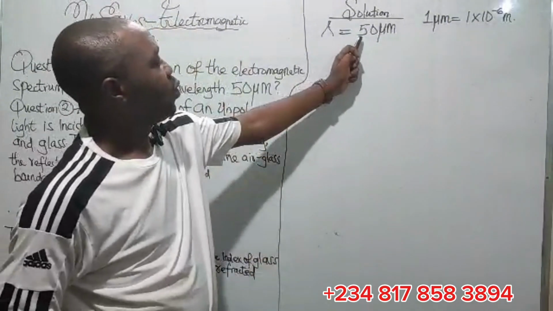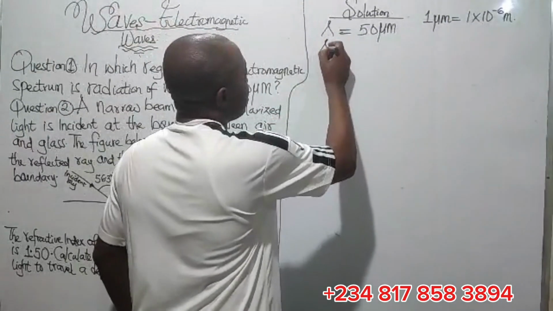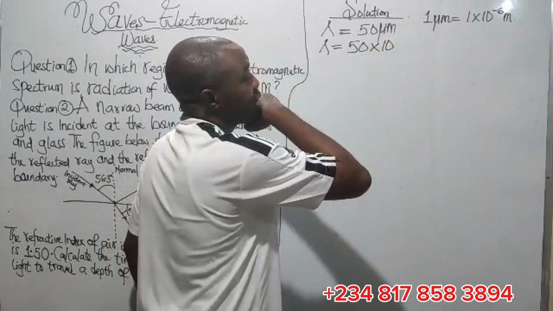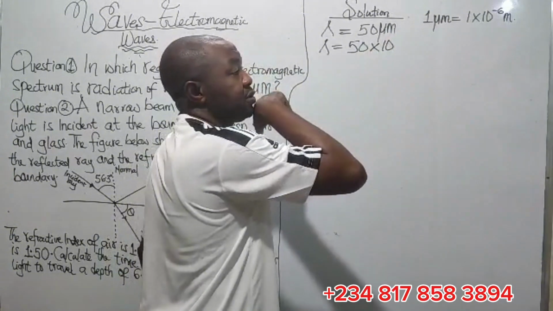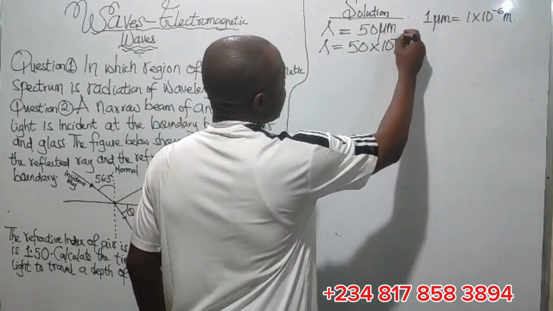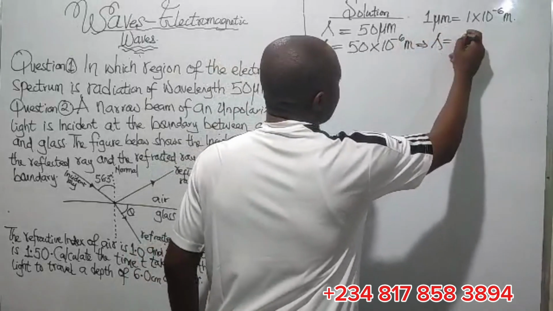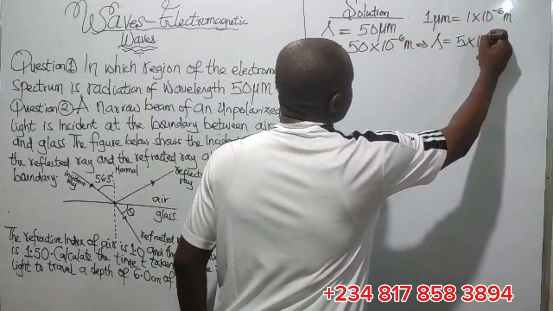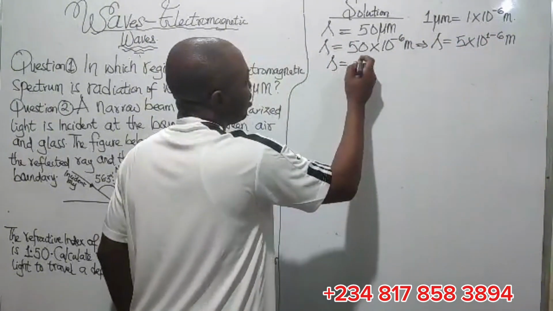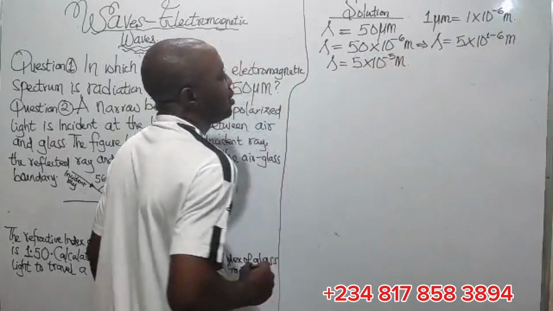In this case, we have 50 micrometers, which can be written in scientific notation as 50 times 10 raised to the power of minus 6 meters. That is 5 times 10 raised to the power of 1 minus 6 meters. So the wavelength is 5 multiplied by 10 raised to the power of minus 5 meters.